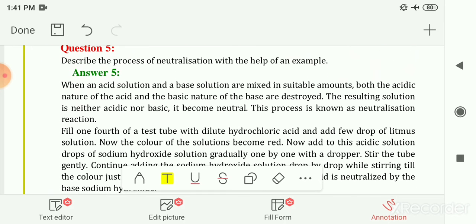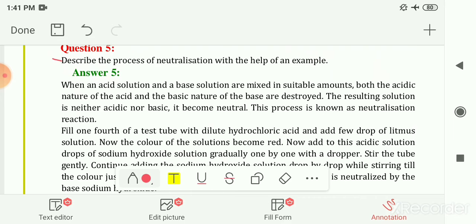Next, question number 5. Describe the process of neutralization with the help of an example. So let me see the answer now.